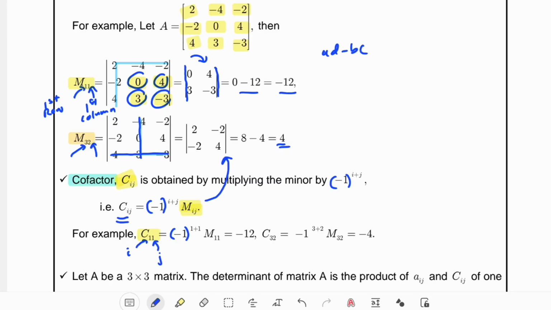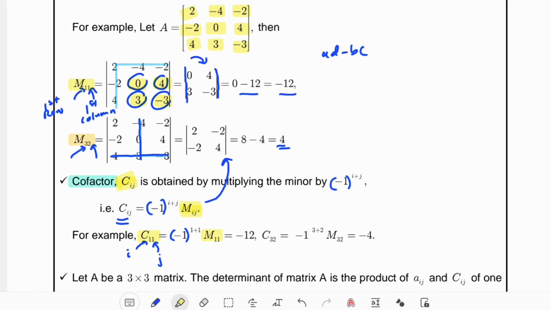So, i plus j means 1 plus 1, multiplied with the minor. Since we already calculated the minor 1, 1 from the previous part, you just need to copy down the answer and multiply with negative 1 to the power of 1 plus 1. That will give you negative 12.